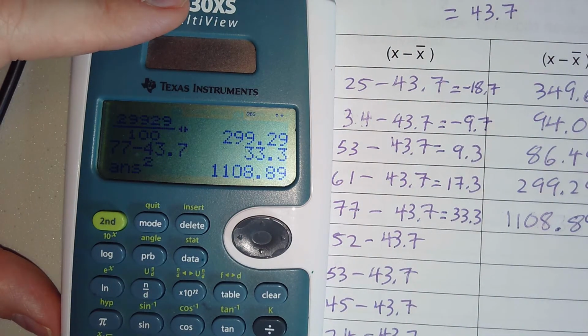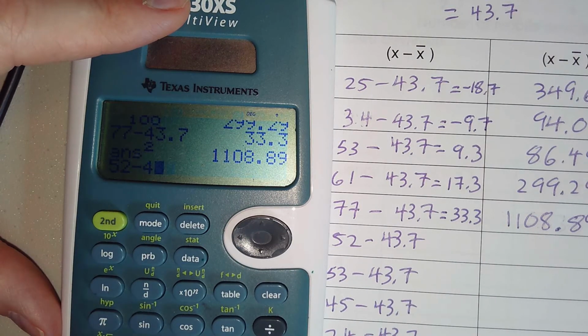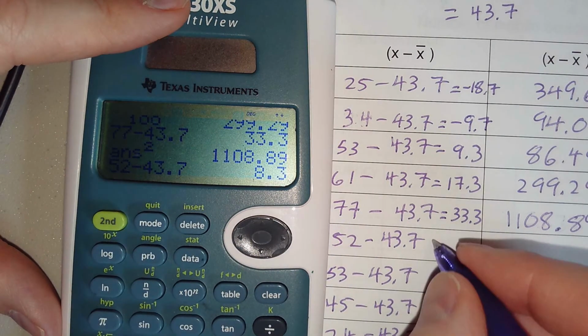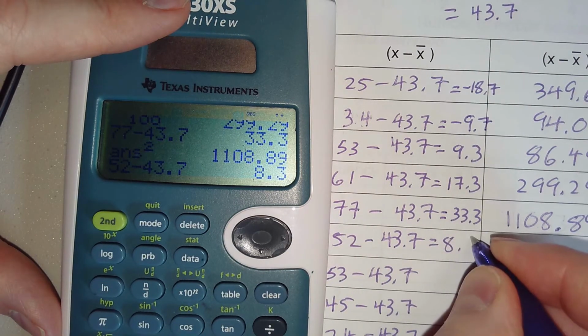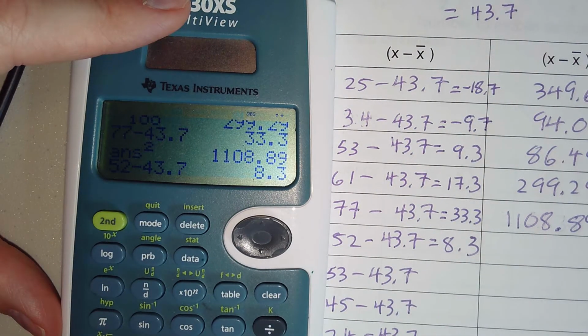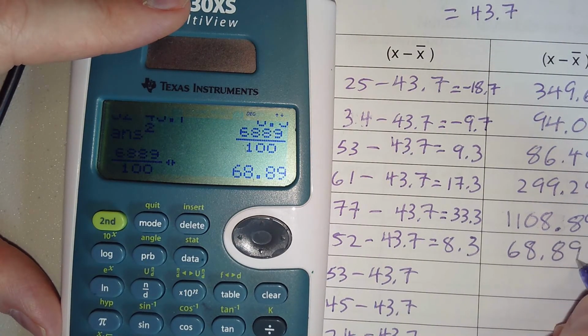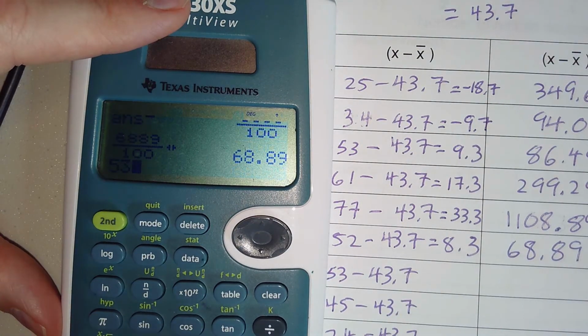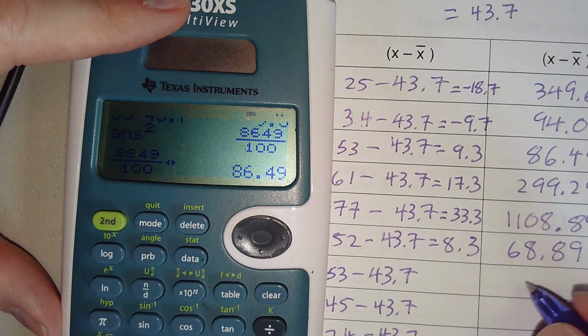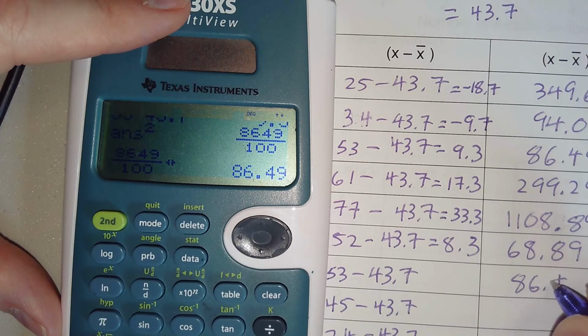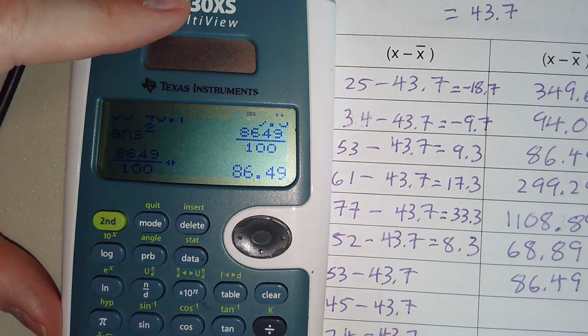All right, that one's starting to behave itself. 52 minus 43.7 is 8.3. Square that. Double arrow. So that's 68.89. And then we're going to do 53 minus 43.7. Square that. Double arrow. 86.49. We actually had that up here. We could use that.